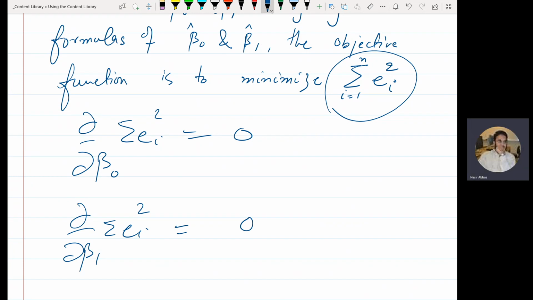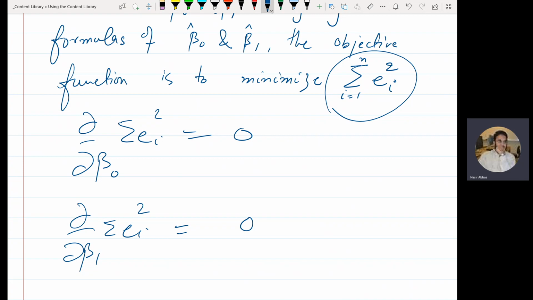And in these two equations, we have two unknowns, beta naught and beta 1. By solving these two equations, we will get to the estimates of beta naught and beta 1, and we will call those estimates by the notation beta naught hat and beta 1 hat. Those formulas will be the estimated quantities using the least squares method.